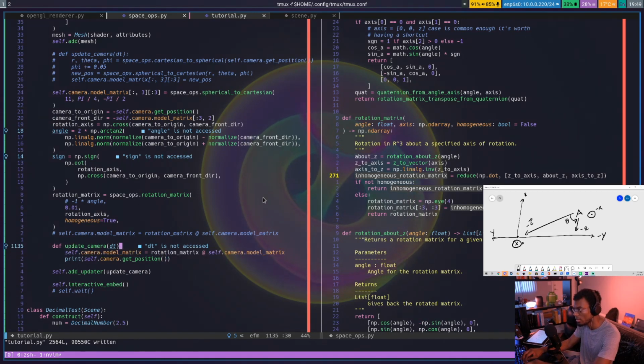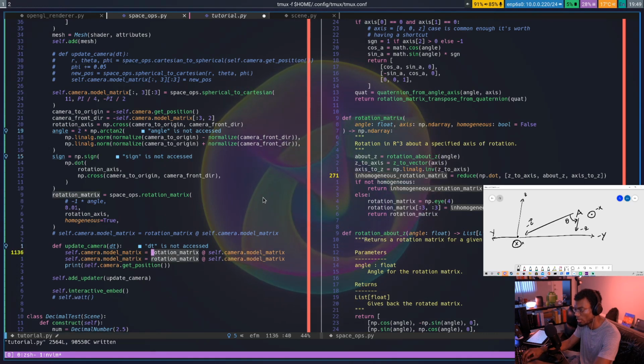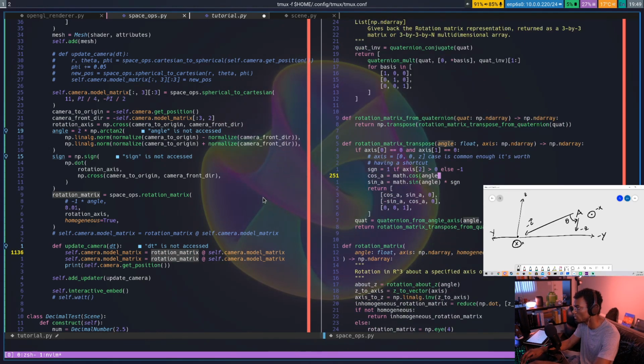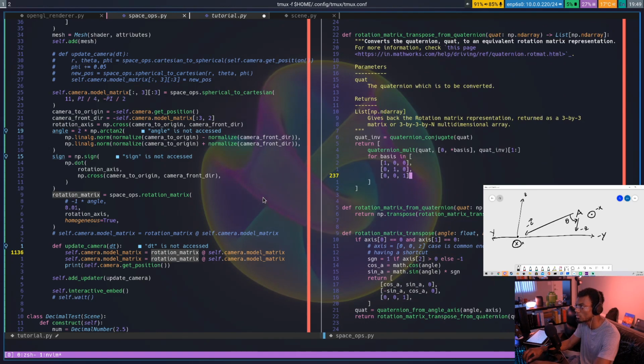I think I have to translate this to the origin and then rotate it and then translate it back. Yeah. Also, this is a space ops rotation matrix. Is that even what I want?